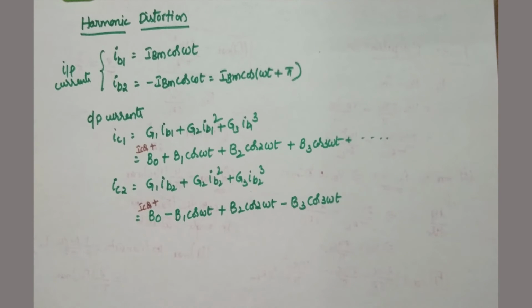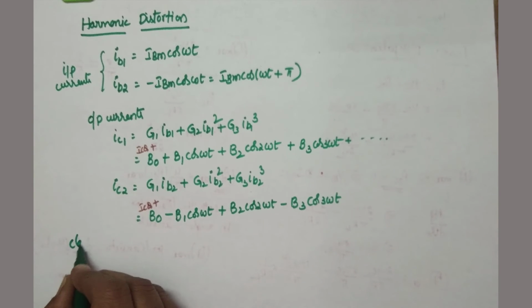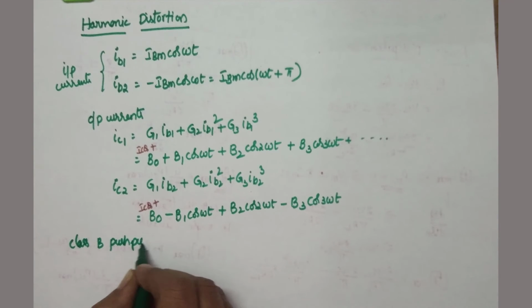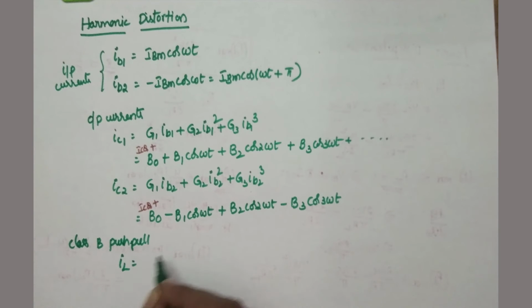Now, in the class B push-pull, what is IL? IC1 minus IC2.